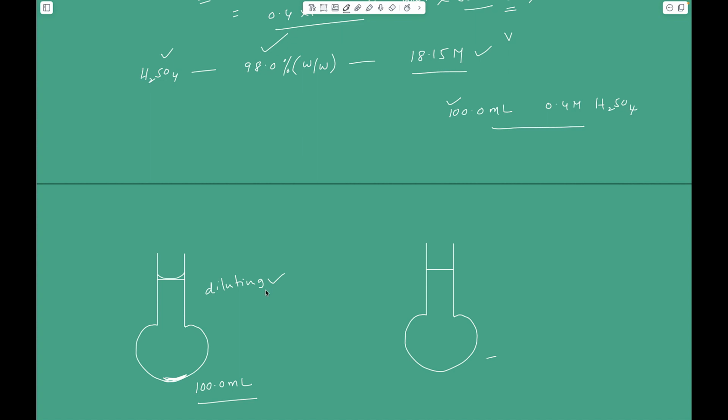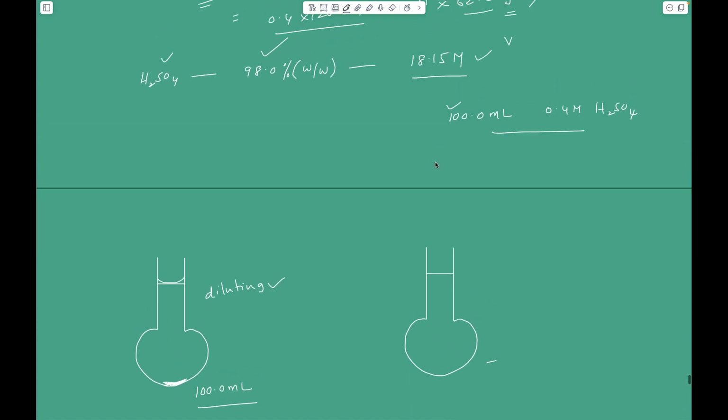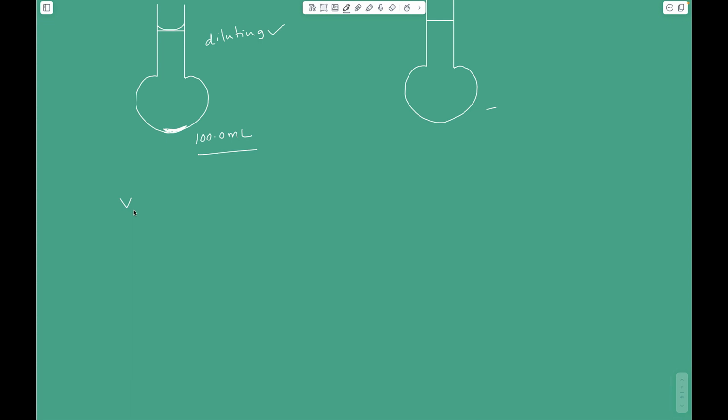How do you dilute them? You add solvent or water in case of aqueous solution to a given volume of the stock solution. Now the question is, how do we figure out the volume of the stock solution required to prepare the desired solution? Let us say the volume of the stock solution required is V1 and its molarity is M1. And say we finally want to prepare a solution with volume V2 with molarity M2.